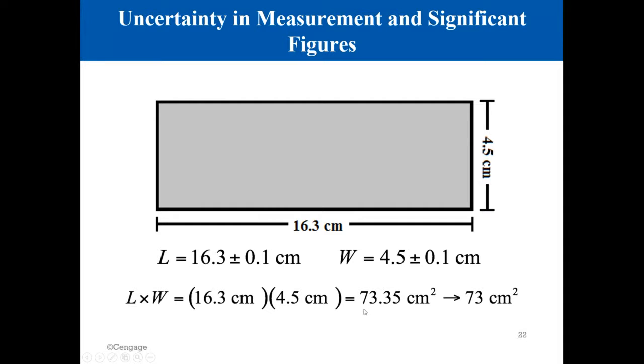So having 4 digits in the answer does not make much sense. We need to round this. When you do the rounding, anything 5 or above, you can increase this by 1. Anything less than 5, you just ignore it. So this would be 73 centimeter squared.